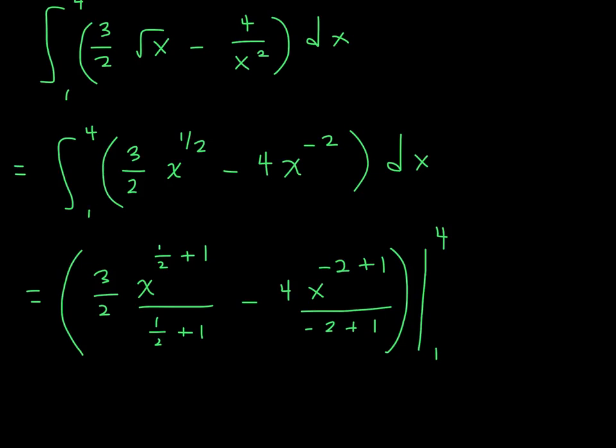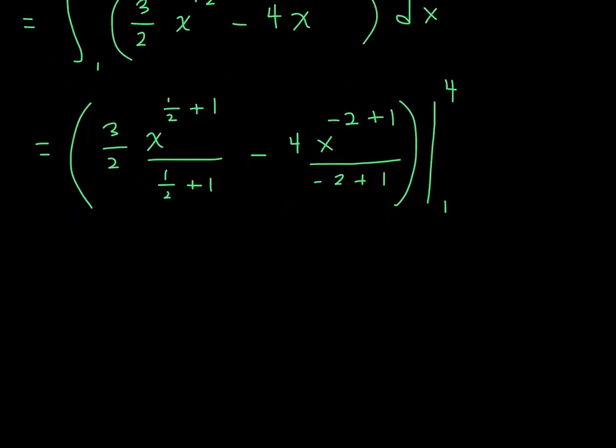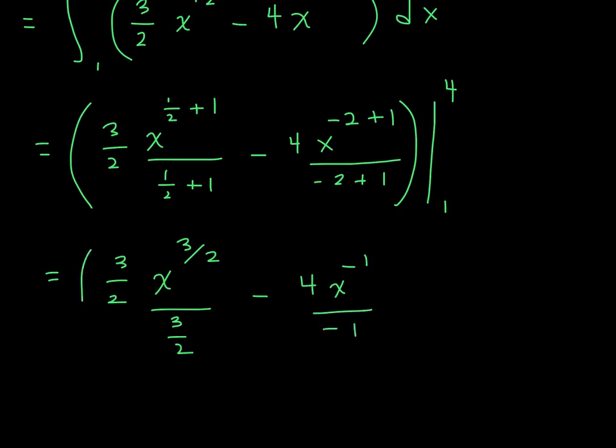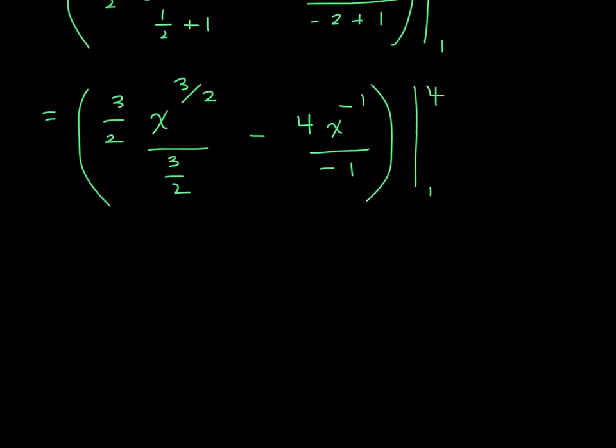Of course, I'm going to simplify this a lot. All right, so then this is equal to 3 halves times x to the power of 3 halves over 3 halves. I'll simplify even more in the next step. Minus 4 times x to the power of negative 1 all over negative 1. Let's put parentheses around all of this from 1 to 4. You can see we still have a lot more simplifying to do.